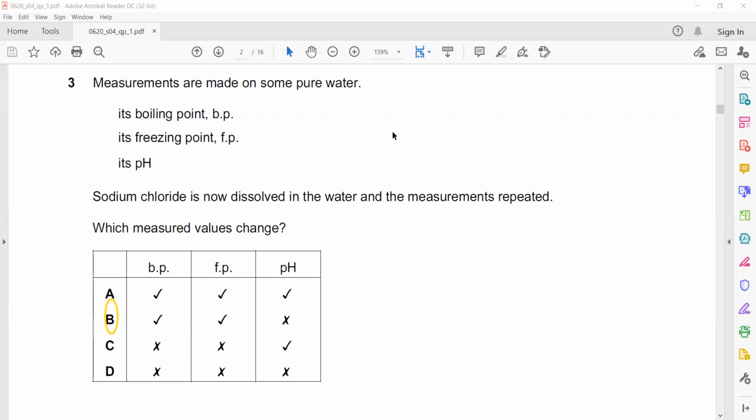So we add salt. The addition of the salt does not make the substance acidic or alkaline. But salt is like an impurity to the water. So will it affect the boiling point or freezing point? When we add impurity, is there an effect on the freezing or the boiling point?